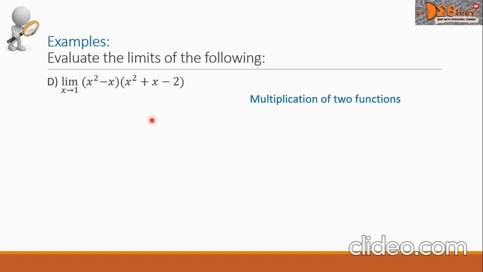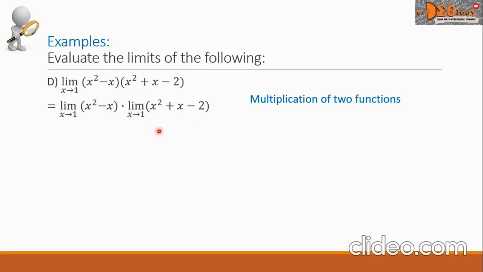What we're going to do here is to take the limit of each of the factors. So we have the limit of x squared minus x as x approaches 1 times the limit of the function x squared plus x minus 2 as x approaches 1.